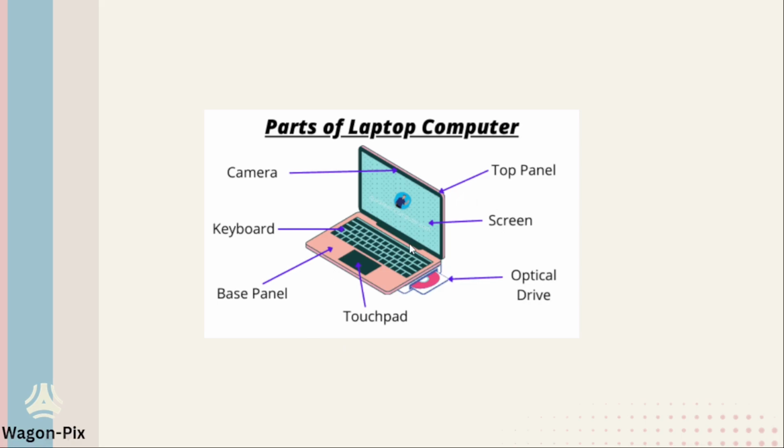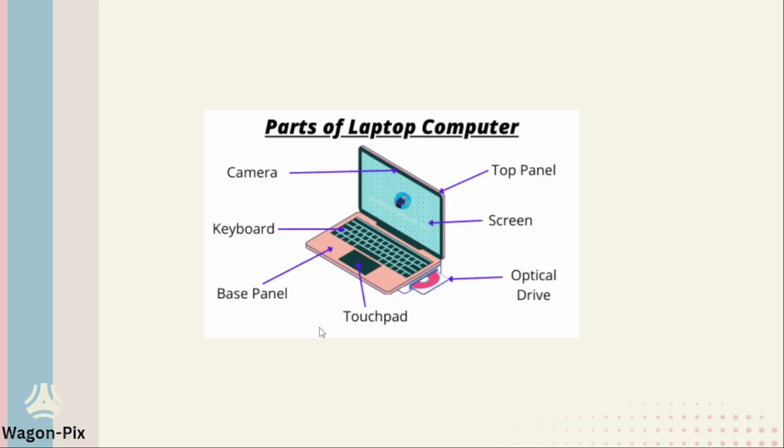We will take an example to define a laptop with its physical appearance. In this case the laptop has parts. Part one is the camera, part two is the keyboard, and it has a base panel, touchpad, optical drive, screen, and top panel. These parts, when combined together, form a laptop, right?